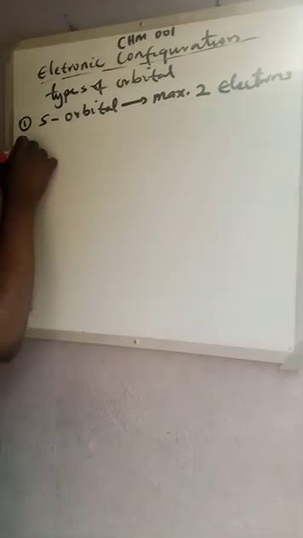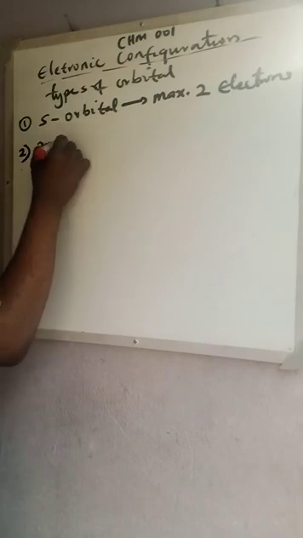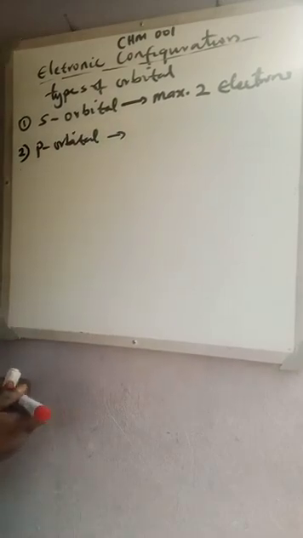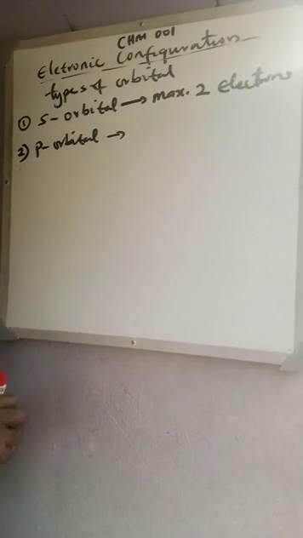Number two, we have the p orbital. The p orbital is the second orbital in the configuration of an element. It has three atomic orbitals, each orbital containing two electrons arranged in opposite spin.